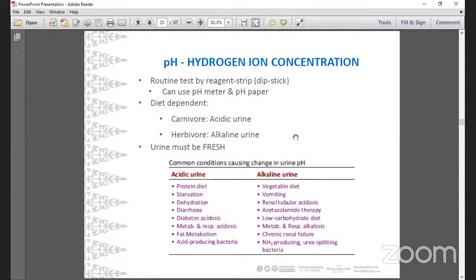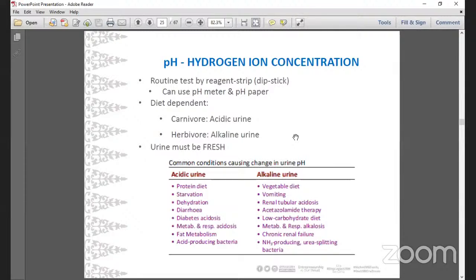In order for us to check the pH, the urine must be fresh. And we have to be aware that there are many conditions or factors that can contribute to the acidity and also the alkalinity of the urine.